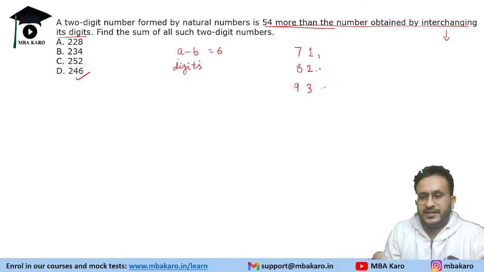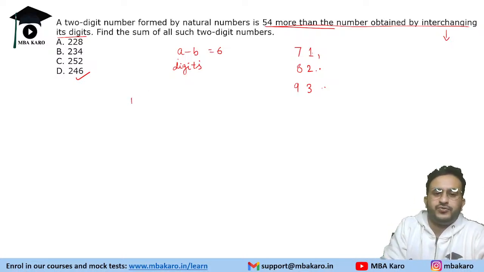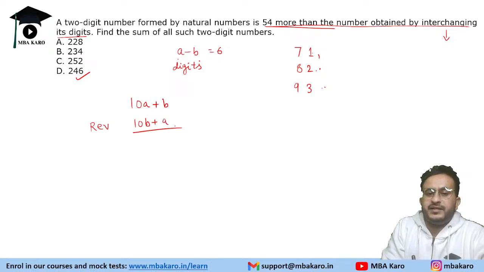That thing I guess you should be aware of, reverse of digits 54 more than. Those who do not understand this, let the number be 10a plus b, and the reverse number will be 10b plus a. Subtract, you will get 9a minus 9b, the difference, right?